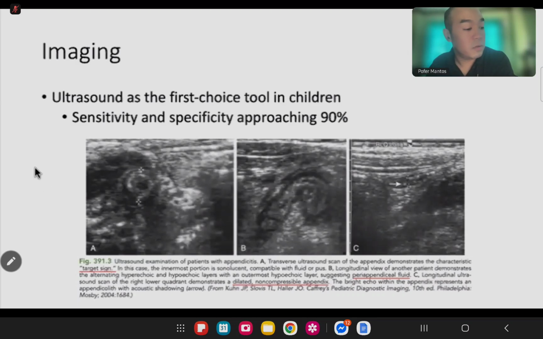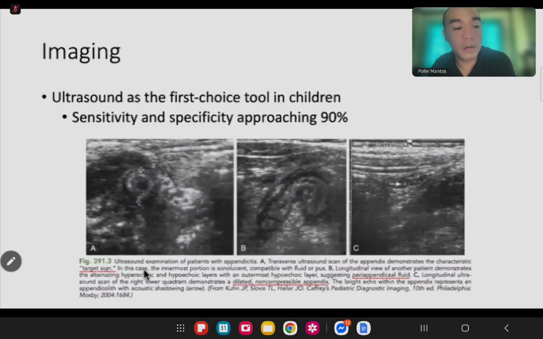So as to the imaging, the first choice would be ultrasound. However, although it's 90%, sometimes the appendicitis may not be easily appreciated with ultrasound, especially for those with a thick abdomen, those who are overweight. So it can be hardly seen, no?